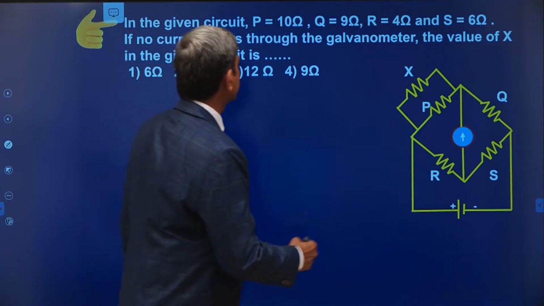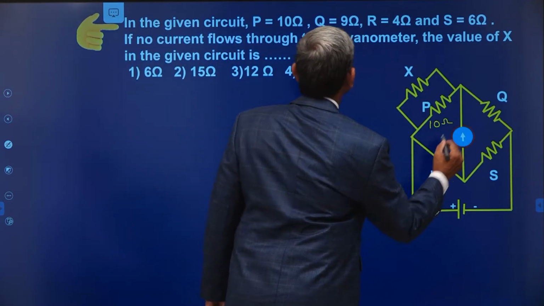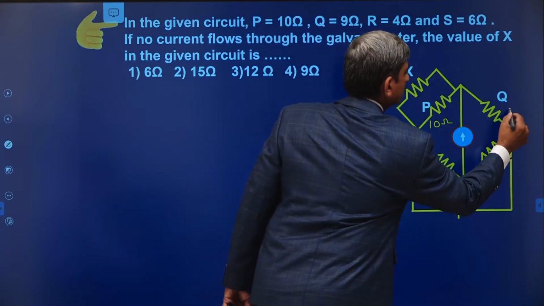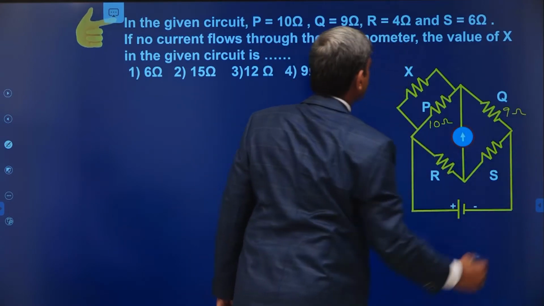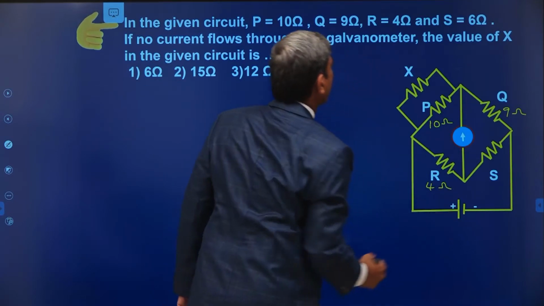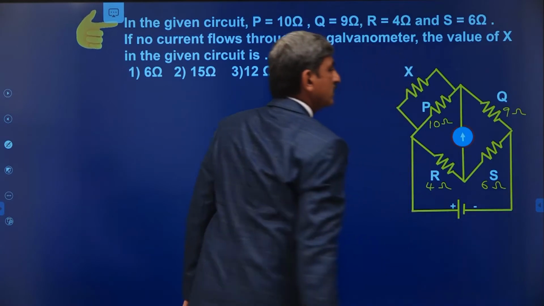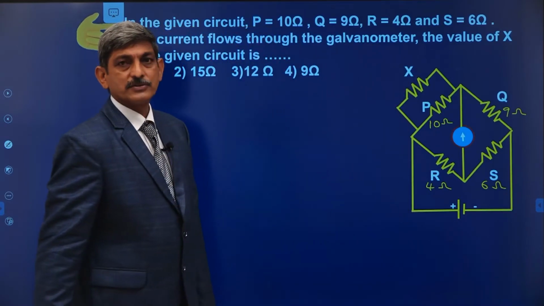For that, what are the values given? Here, P is equal to 10 ohms, Q is equal to 9 ohms, R is equal to 4 ohms, and S is equal to 6 ohms. So these are the given resistance values.